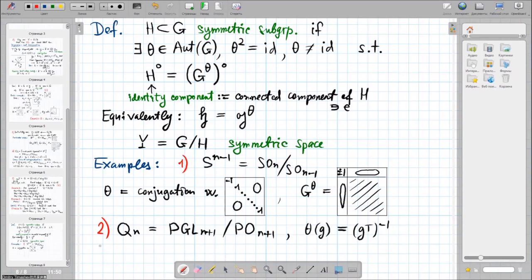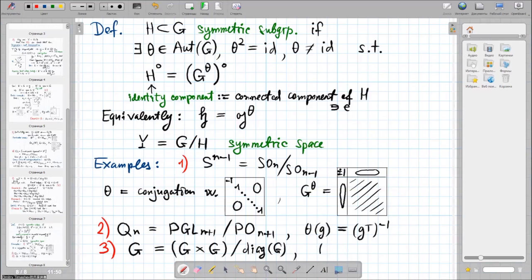And the third example is G itself, considered as a homogeneous space under G cross G, under the doubled group, modulo the diagonal.